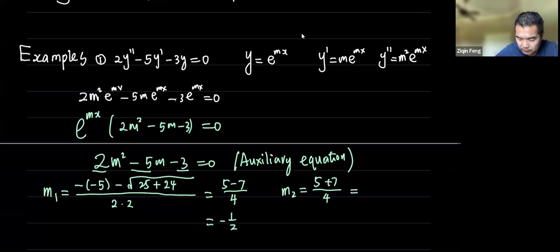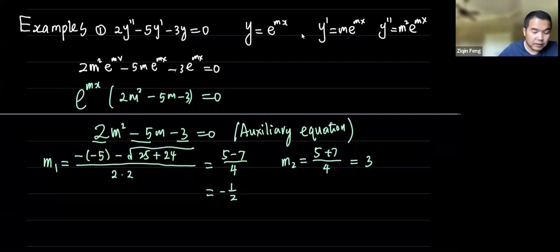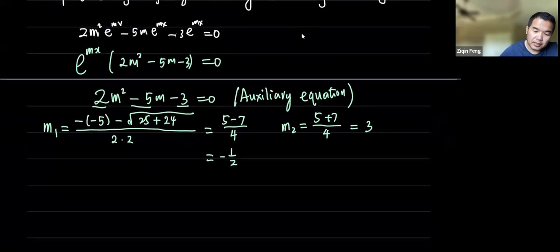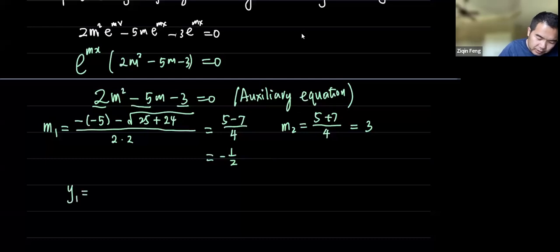And m2 is 3. So this quadratic equation has two different real solutions. We get y1 is e to negative 1 half x, and y2 is e to 3x.